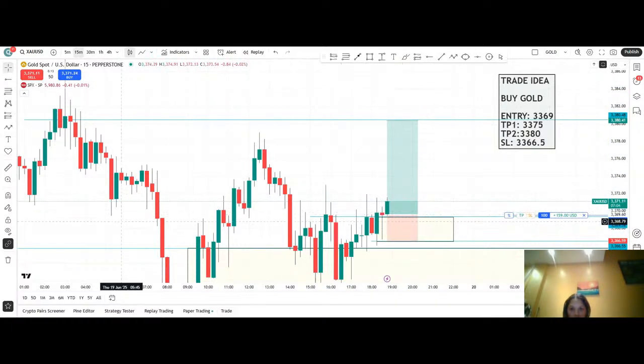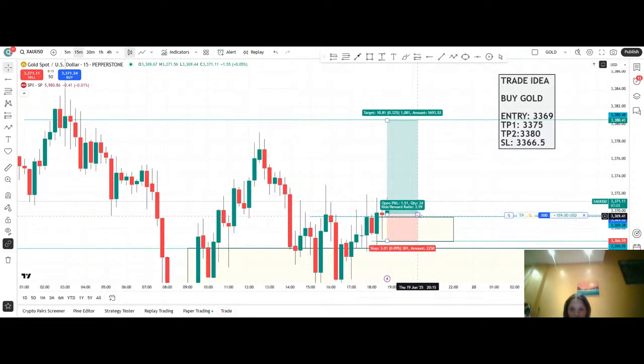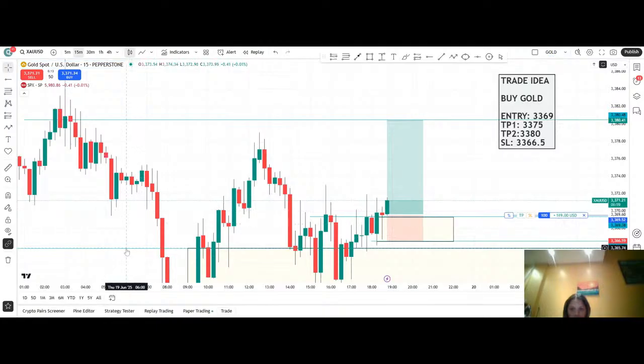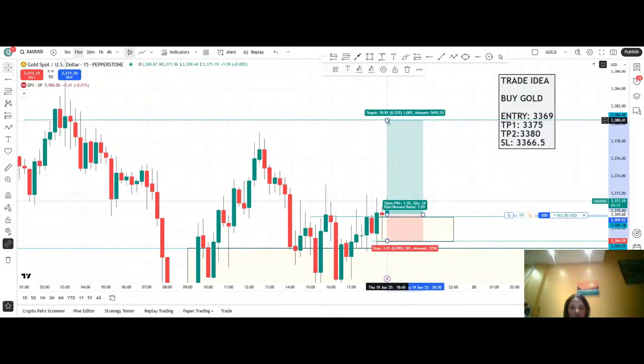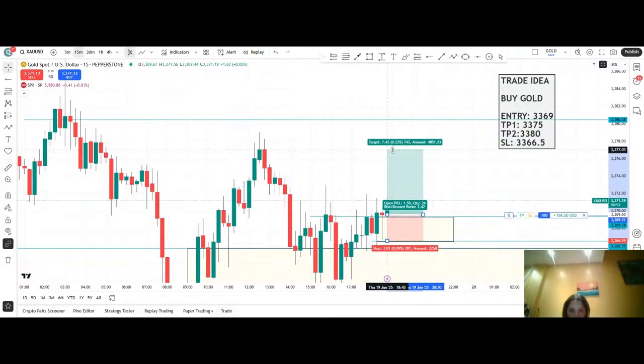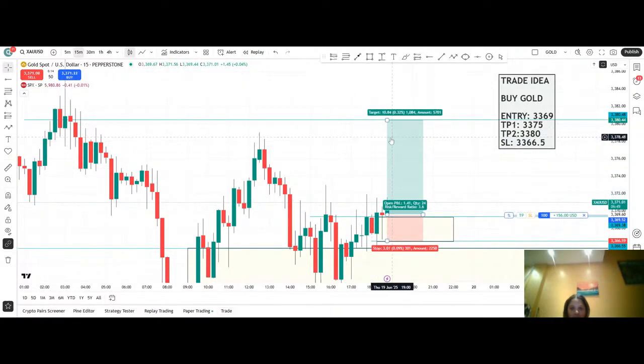So yeah, that is the idea. That's the reason why I'm holding first to TP1 at this high, and then maybe leave a runner to the next TP2 there.